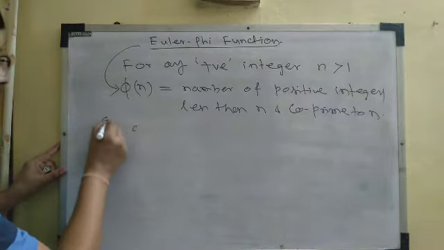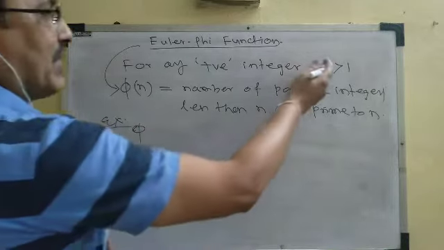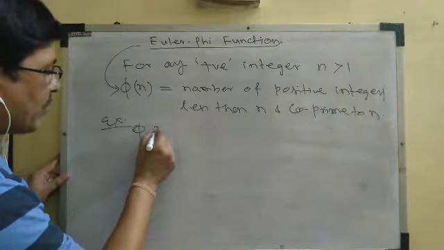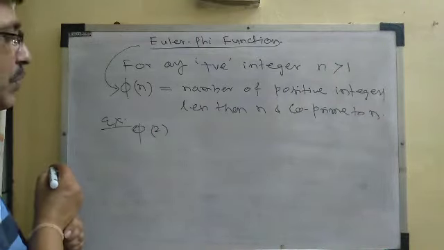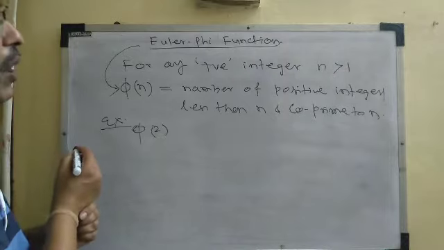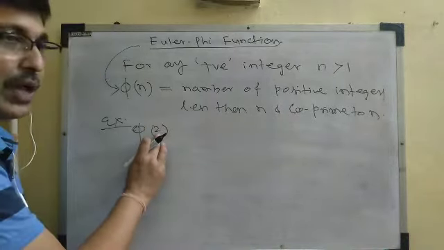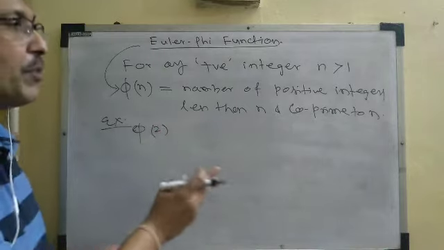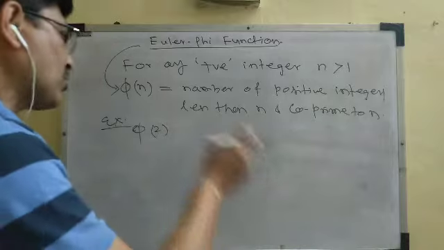Let us take an example. Phi of 1 we can't take because n should be greater than 1. Phi of 2: we have to count all positive integers which are less than 2 and co-prime to 2. Only one, that is 1, and 1 is co-prime to 2.